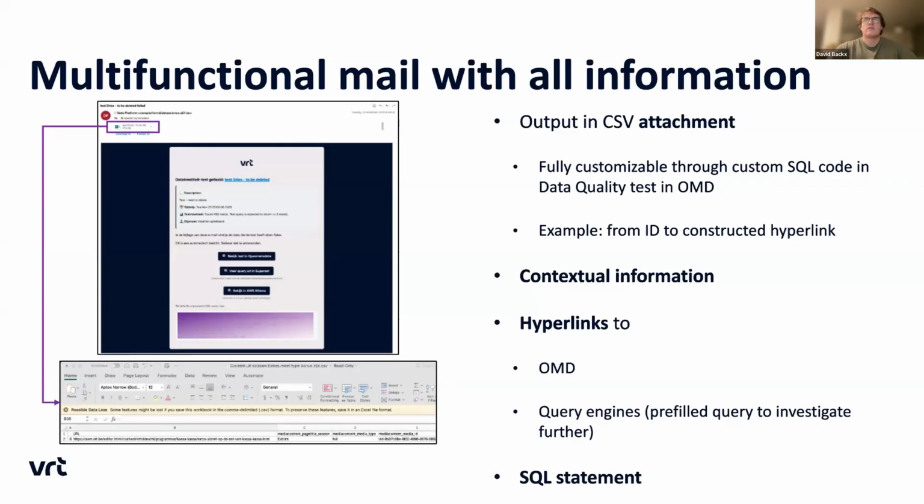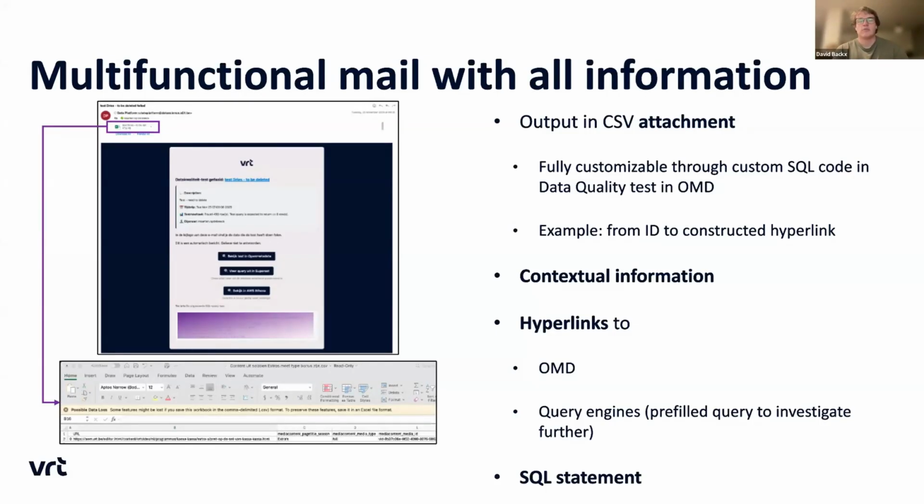Also, we have a lot of contextual information in there. Think about description of the test case, time of failure, but also the result you see in OpenMetadata itself. For example, you will often see expected 0 rows, but found 20. Something like that is also in the email. And then also some links to up the quality of life.